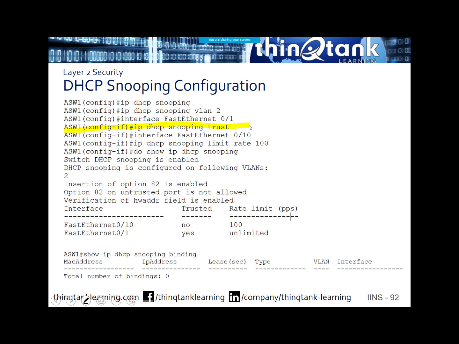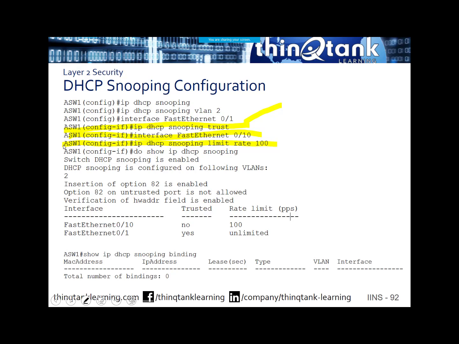Any of the untrusted interfaces, one of the things that you may additionally want to do, so let's say our server is plugged into port 1, but we have a standard DHCP client plugged into port 10, I may choose to rate limit that port to a specific number of packets per second. I read in a document at some point, I can't remember which one, that Cisco recommends a rate of 100 packets per second. That seems really high to me.